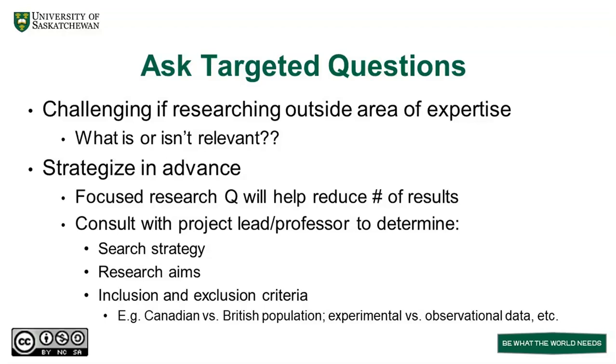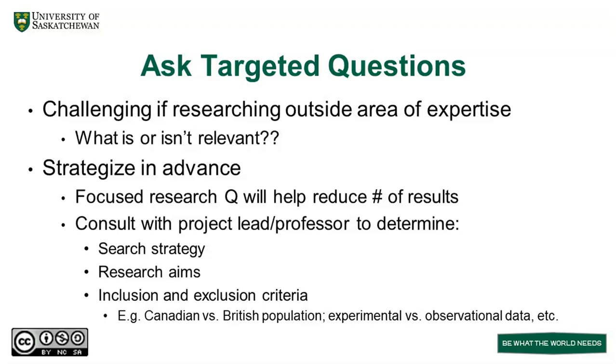And so part of becoming a more effective research assistant meant having really open communication with the professor that I was working with. So even before you begin your research process, being very strategic in the conversations that you're having with your project lead or the professor who's in charge of the project is really imperative.